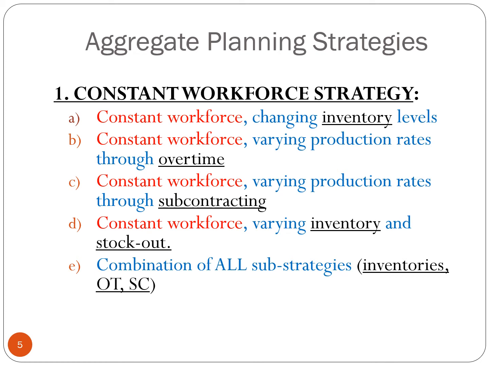Okay, the next sub-strategy under constant workforce is constant workforce, varying inventory and stock out. So you have understood inventory just now. Now the new thing to be understood here is stock out. So stock out here means out of stock, kehabisan stock. So the company can use this stock out as well.